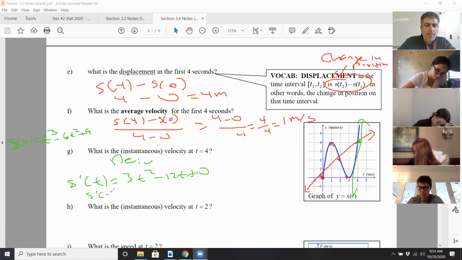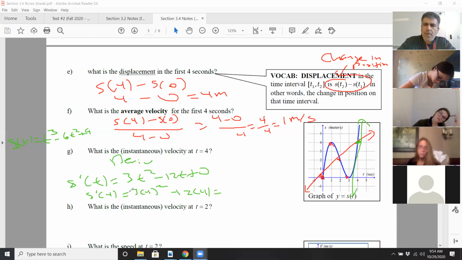If I plug in 4, three times 16 is 48 minus 48. Wait, I did something incorrectly. Hold on. Oh, I'm a total moron. Okay, what did I do wrong, guys? Did I copy the position function correctly? I think there's a t after 9. Yeah, I forgot. Yep.